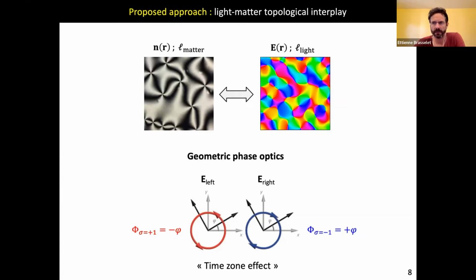You're in Paris, there is a given time; you go to Japan, you need to change your clock; if you go to the States, you change your clock the other way around. Depending on the way the reference frame is rotating, from the right or from the left, light will experience different phase delays in opposite directions. This effect is at the root of manipulating the phase with an inhomogeneous and anisotropic medium.